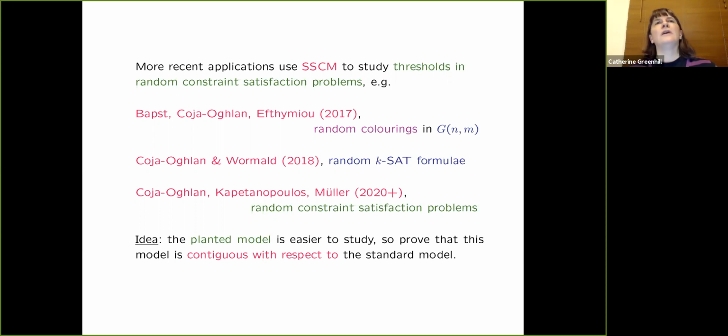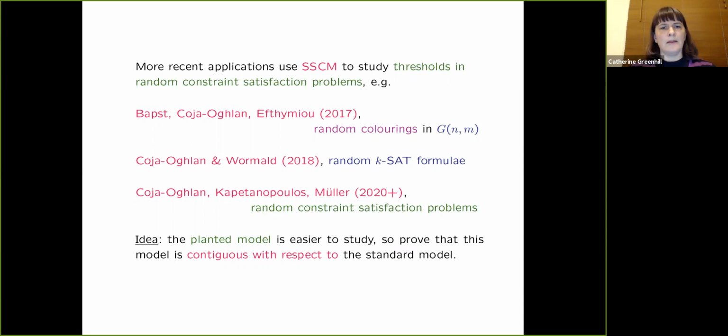So you prove that any event that's true with probability tending to 1 in the planted model is also true with probability tending to 1 in the standard model. So it's like a one-way contiguity. And having this contiguity makes the burden of proof a lot easier, because your bad events don't need to be exponentially small or particularly small. They just need to have probability little o(1).